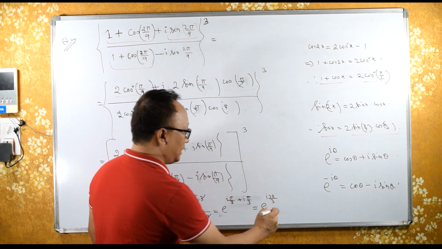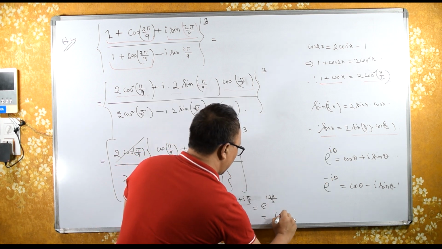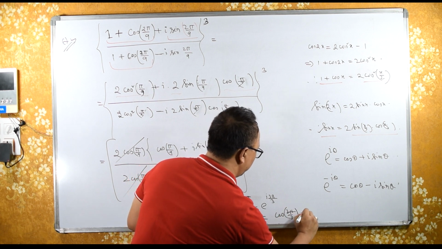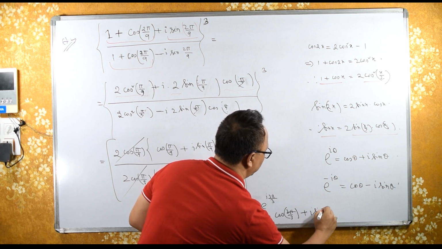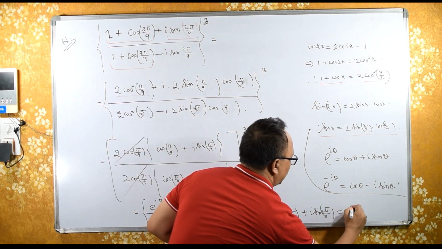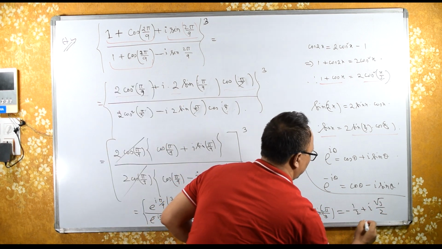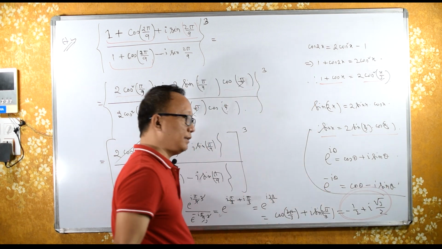Converting into this form, it is cos of 2 pi by 3 plus i sine 2 pi by 3, which is minus half plus i root 3 by 2. This is the required answer.